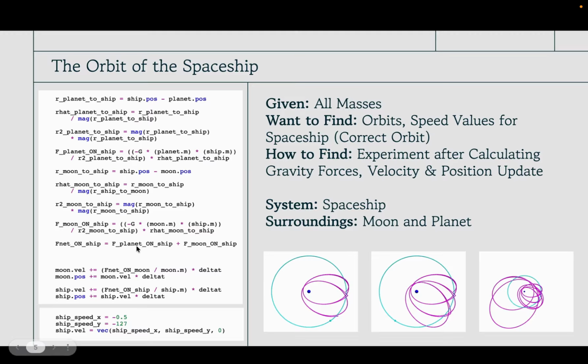And this was done the same way for the planet and the moon as well. And then I used these net forces to position update and velocity update both the moon and the ship. The initial velocity of the moon was given, but for the ship's, I just experimented and landed on these values, -0.5 and -127, and this gave me the type of orbit I wanted.